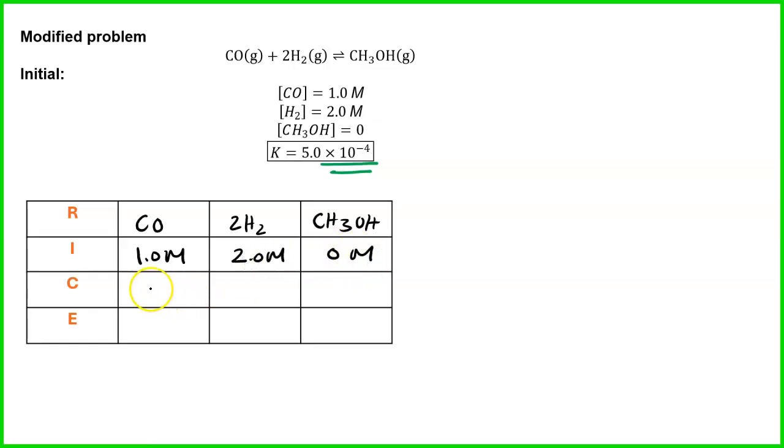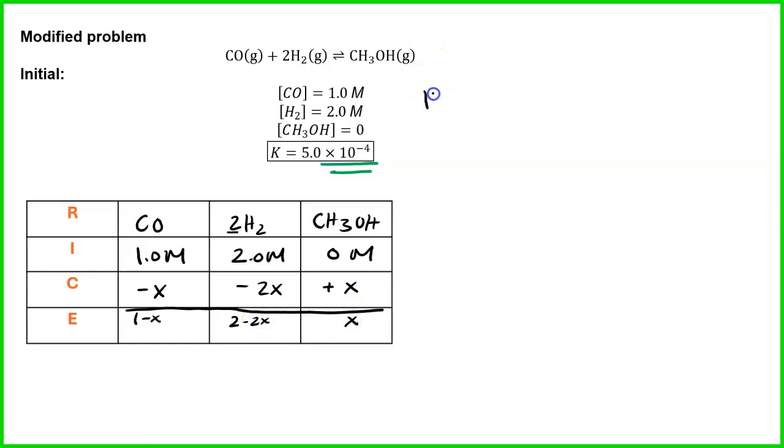As far as the change, we're going to subtract our reactants. I'm going to subtract 2x because of that coefficient, and then I'm going to add my products. When I figure out my equilibrium, I'm just adding those 2 columns together. So I have 1 minus x, 2 minus 2x, and then x.